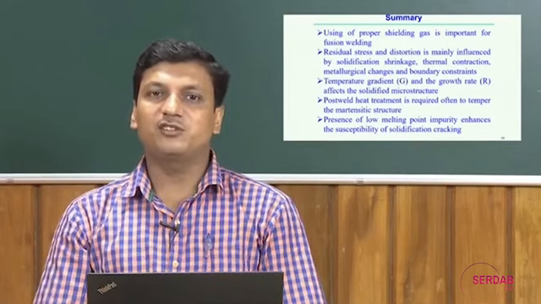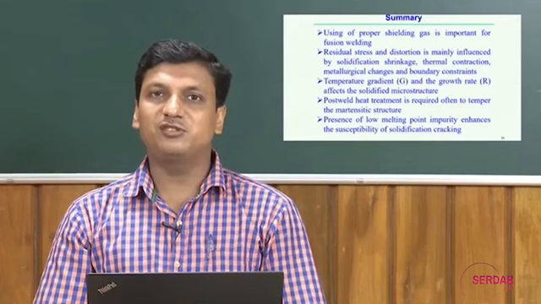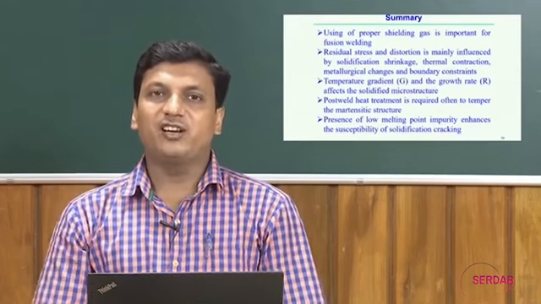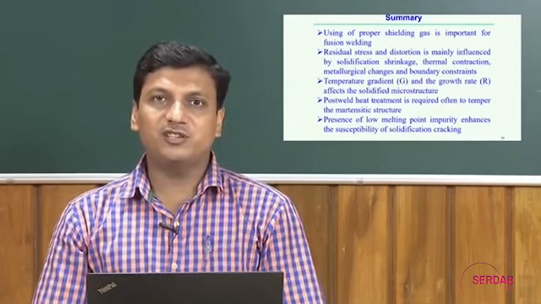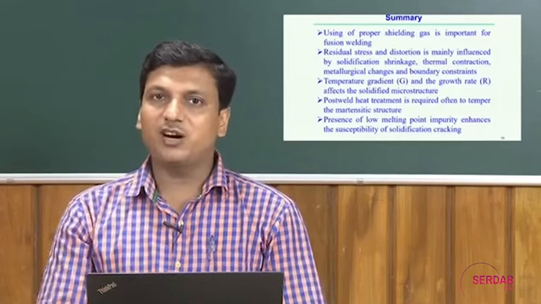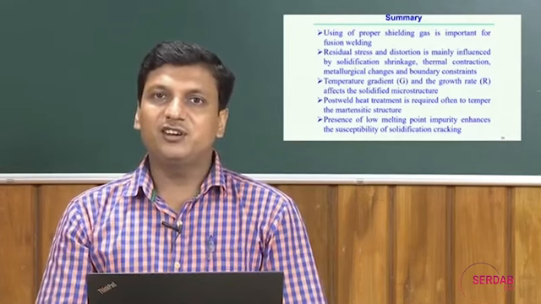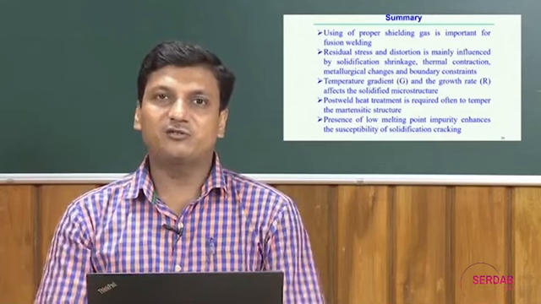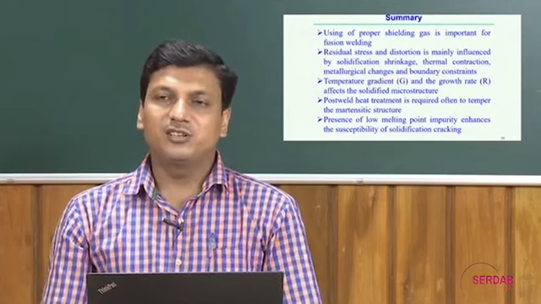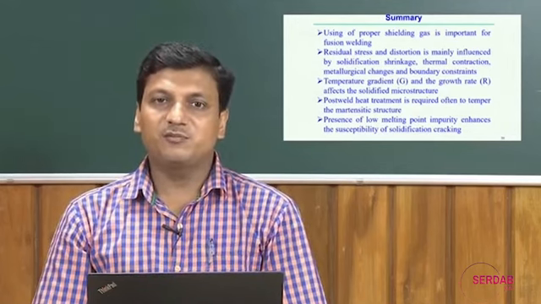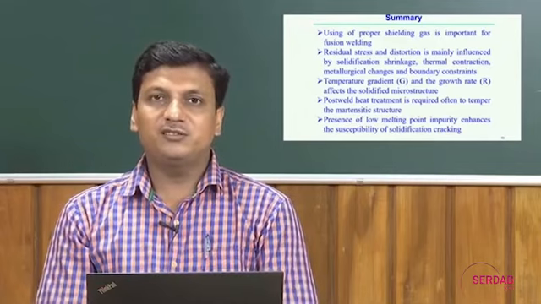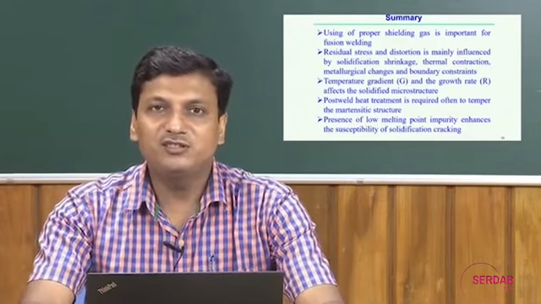Using the combination of these two parameters, G by R actually controls the solidification mode, and G into R represents the rate of cooling, that means whether fine structure or coarse structure can be produced, which is better described quantitatively by the multiplication of G and R.